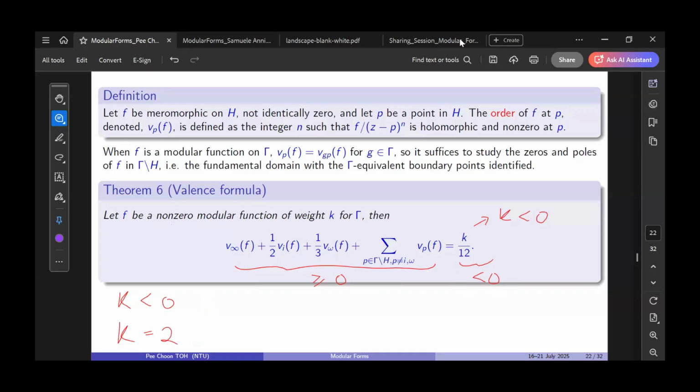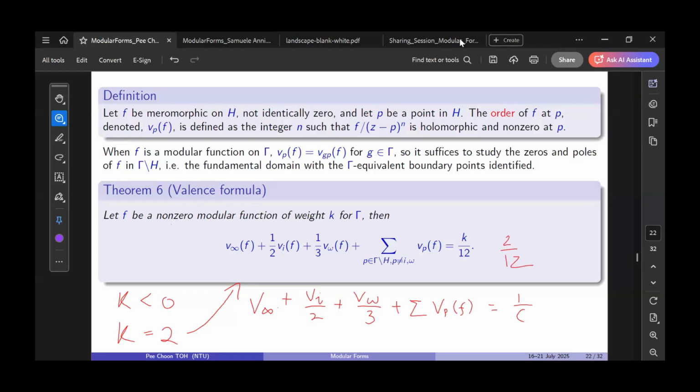This is a little bit less obvious, but basically, if k is equal to 2, then the right side is 2 over 12, which is 1 over 6.